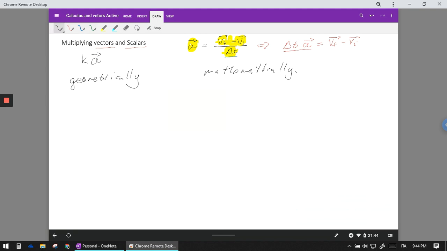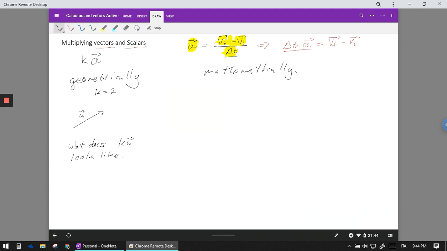So let's say I've got a vector A and I've got a scalar of 2, right? Then what does KA look like?